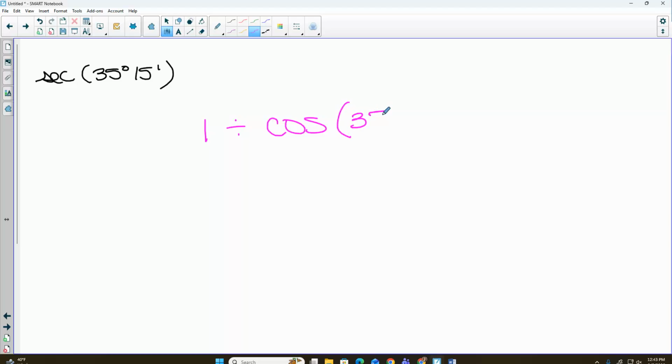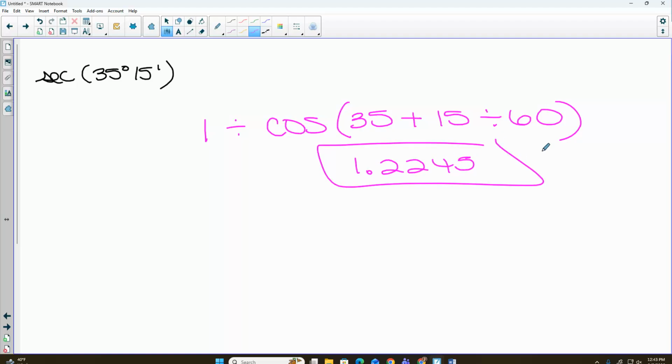And if we have degrees and minutes, remember we type it in as 35 plus 15 over 60. And what do we get? So we can do the calculator.